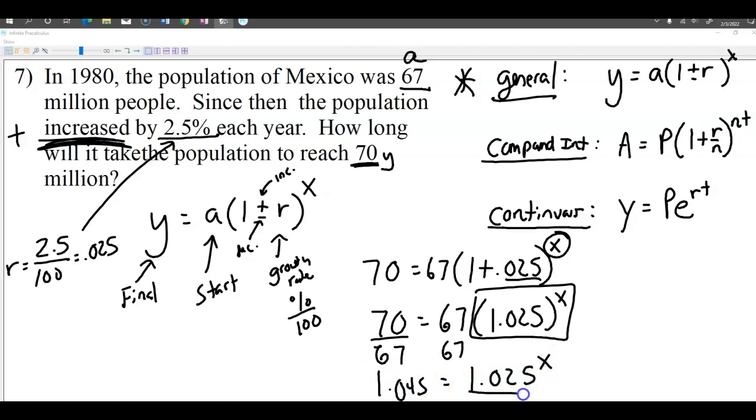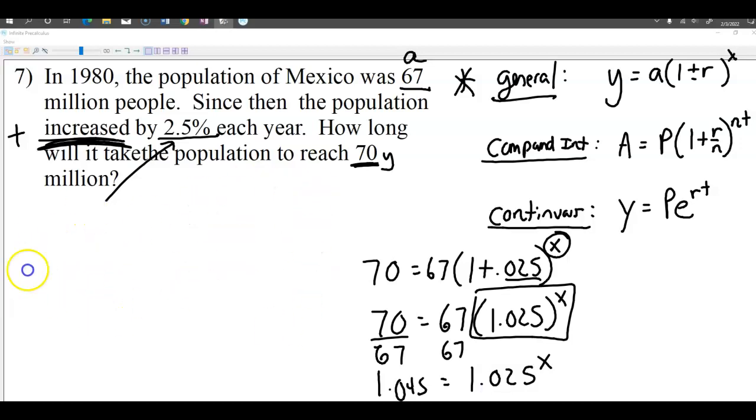Now, I want to cancel out this 1.025 so I can get x by itself. And to do that, we're going to log both sides. And when we do our log on both sides, we're going to use a base of 1.025.